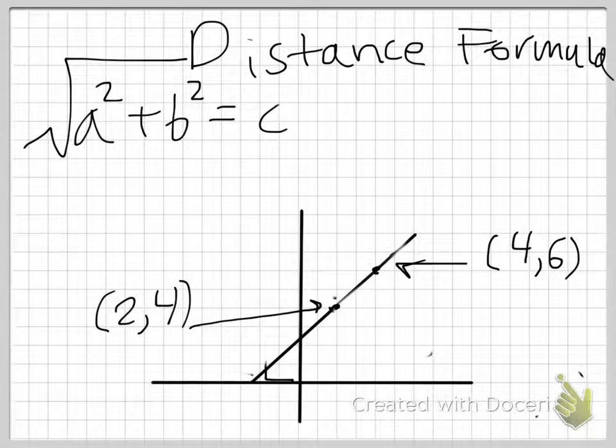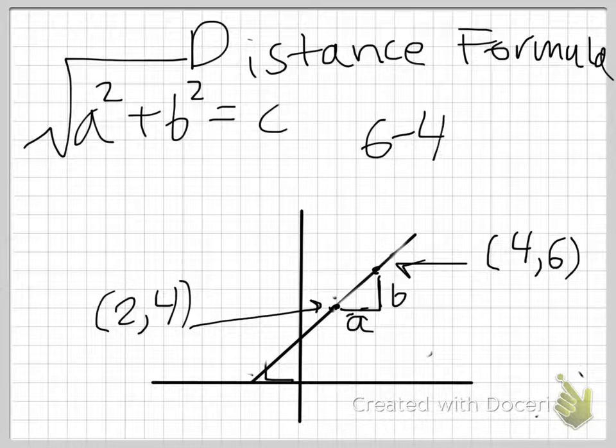So we can use the Pythagorean theorem again. Now remember, a and b. b is the difference between the two y-coordinates. So 6 minus 4, which equals 2. So b equals 2. And a is the difference between the two x-coordinates. So 4 minus 2 equals 2.